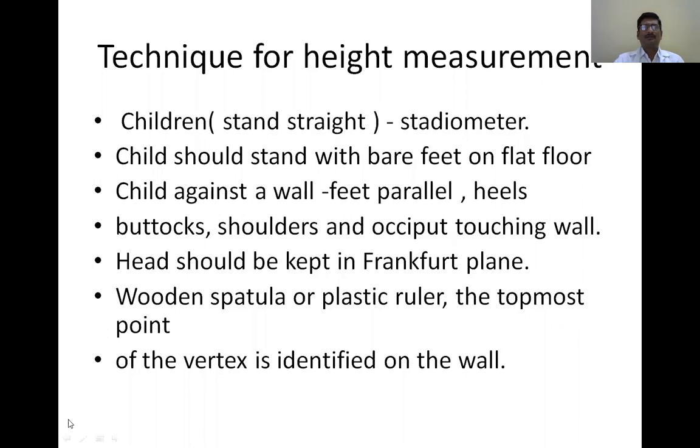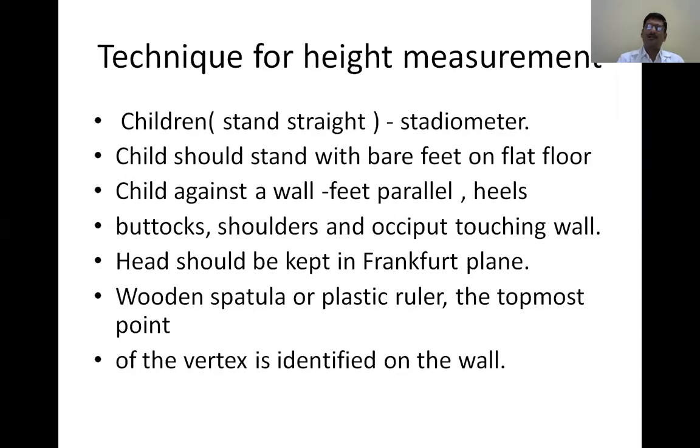Heels, buttocks, shoulder and occiput should touch the wall, and the head should be kept in the Frankfurt plane, as I told you. The lower margin of the orbit and the upper margin of the auricular opening should be in the same plane. That's what the Frankfurt plane means. A wooden spatula or plastic ruler should be kept at the topmost point. It is the vertex, and from there we can directly measure the height. It should be identified on the wall. This is the technique of measuring the height.